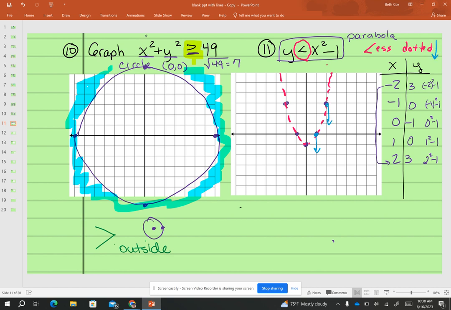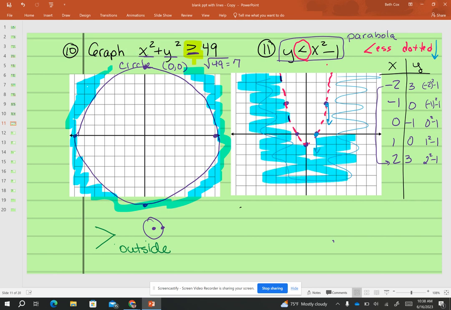Dotted means less than means down. So I'm shading down. That's what it's going to look like. I'm shading below. Okay? All right, let's do another one.